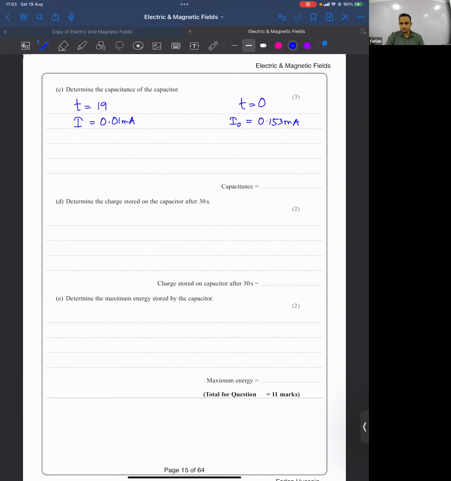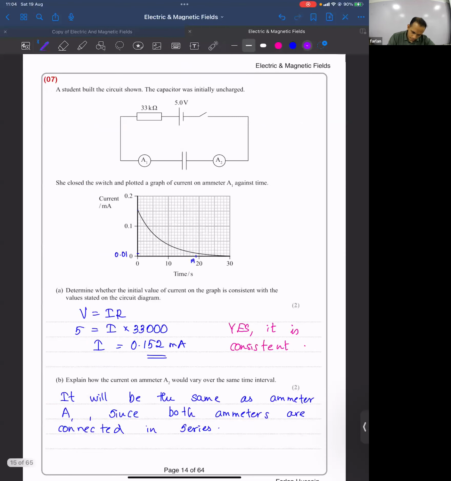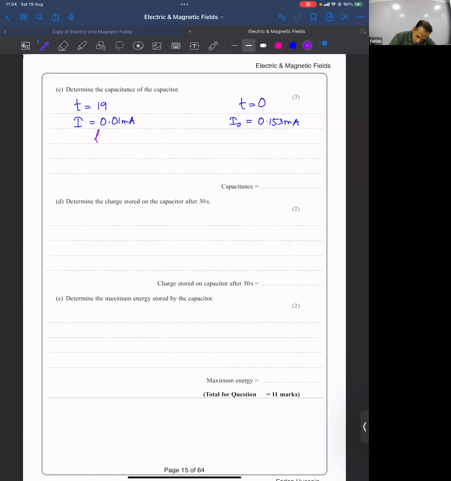Okay, so I will use ln I equals ln I naught minus t over RC. Correct?